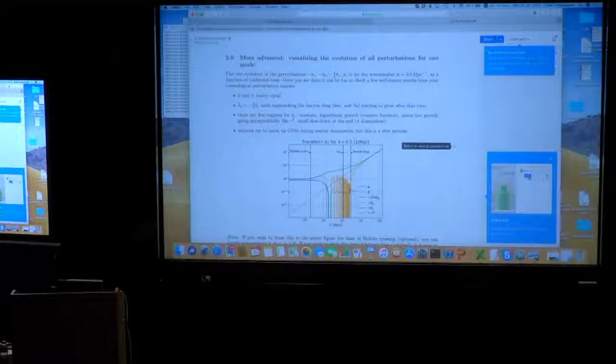This is nicer to explain structure formation, what leads to the P of K. You have time here, you have different fluctuations in log scale, and the green is cold dark matter. So cold dark matter is frozen outside the Hubble radius. Then, as you know, it grows logarithmically during radiation domination and linearly during matter domination. And this plot shows it very well.